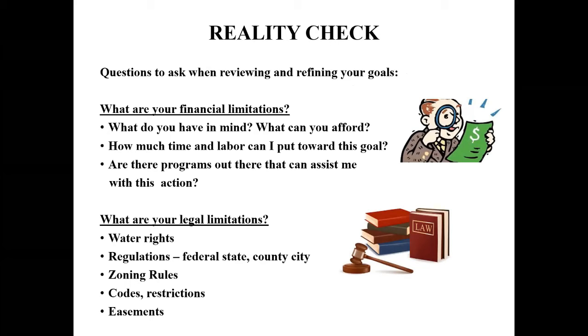What can you afford? How much time and labor can you put toward these goals? And then what programs are out there that can assist me with those actions? That's what we are here for, to help you understand what is available for you with the various activities.